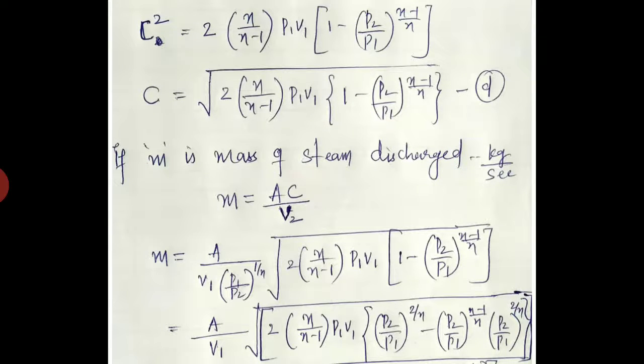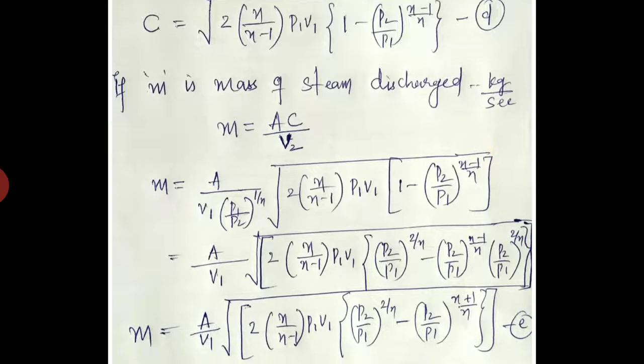So if m is the mass of steam discharged, m is equal to A C divided by V2, where A is the cross-section area at the throat, C is velocity, and small v2 is the specific volume. Therefore m is equal to A C by V2, and V2 you substitute from the previous relation, equation C: V1 into P1 by P2 whole raised to 1 by n.